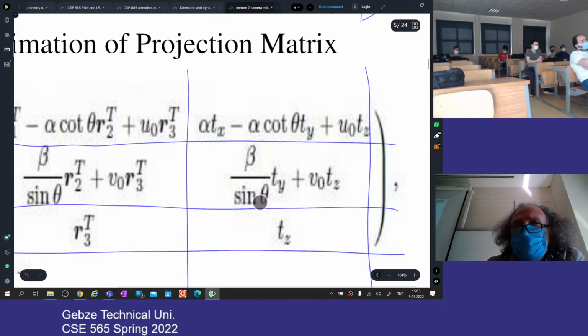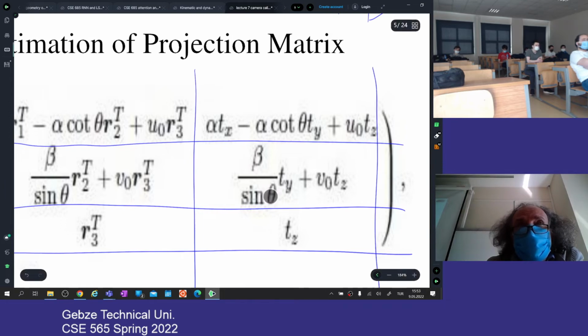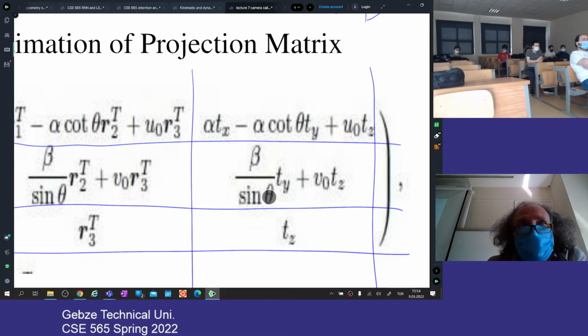How about this theta? What is theta? You don't remember anything? It's an angle. What kind of angle is this? Well, we wouldn't call it an error, but we like this theta to be perfectly 90.